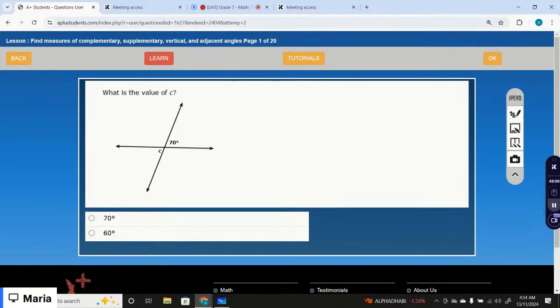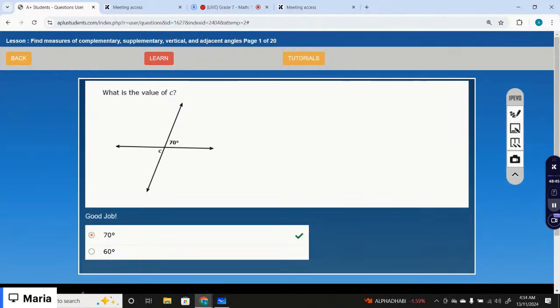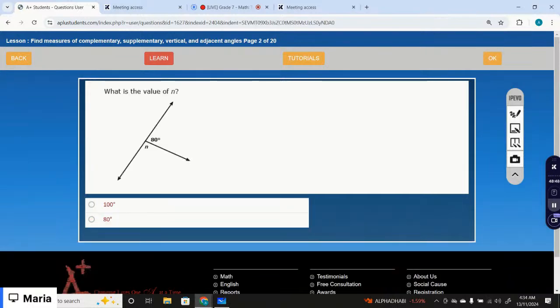What is the value of C? That is 70 degrees, right? They are the adjacent angle, sorry, vertical angles. So that measures 70 degrees, right? They have exactly the same measures.